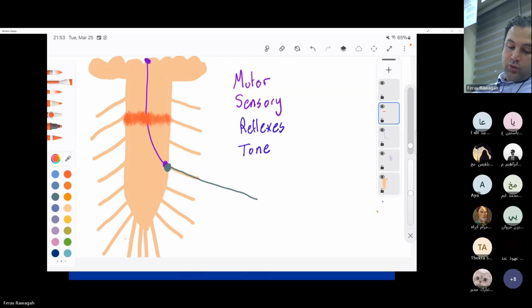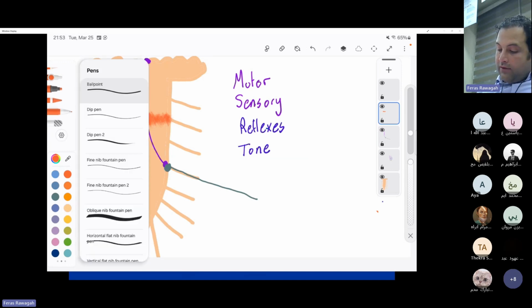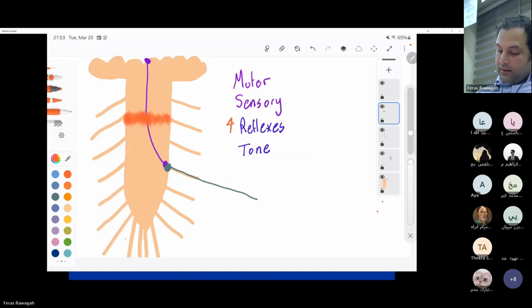That's why in this case we will have hyperreflexia and hypertonia, because the upper motor neuron is injured. And hyperreflexia and hypertonia is called upper motor neuron sign. Why is it called upper motor neuron sign? Because it results from injury to the upper motor neuron.